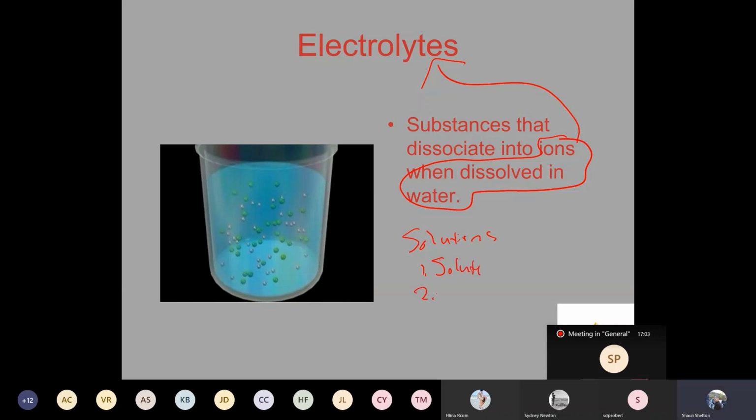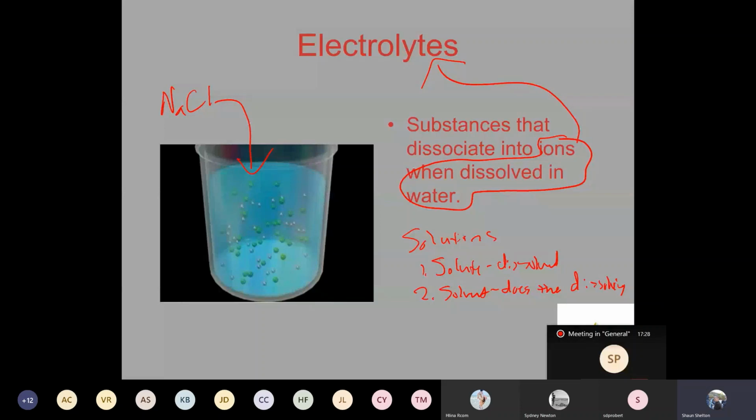The second thing is the solvent. All right. Solute is what's being dissolved, and the solvent does the dissolving.